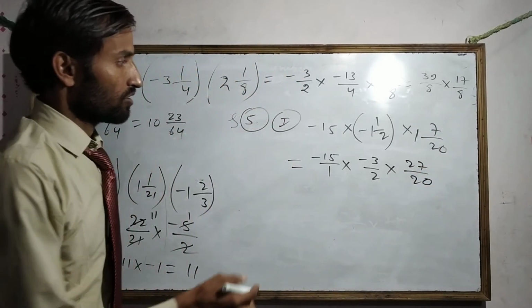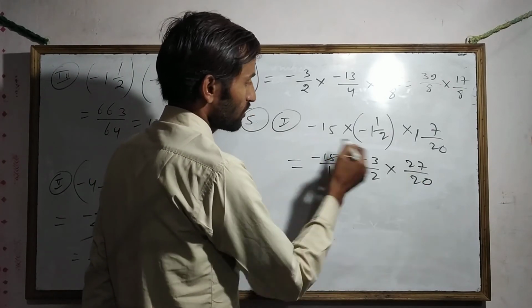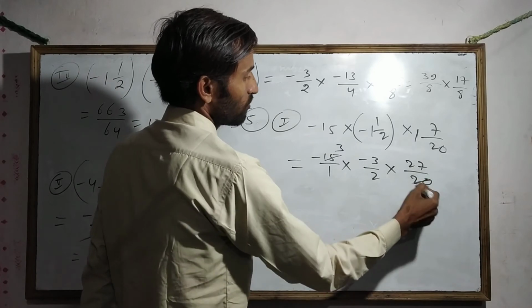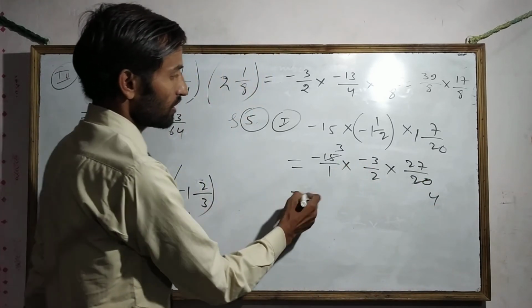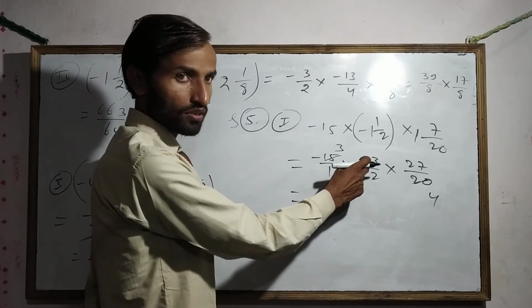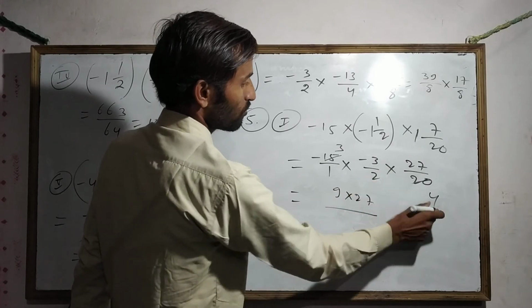Now we have to cancel out by 5, both of these. So 3 5 ja and this one 4 5 ja. There will be no other cancellation. So minus minus plus, 3 3 ja 9. 9 into 27 upon 4 2 ja 8.